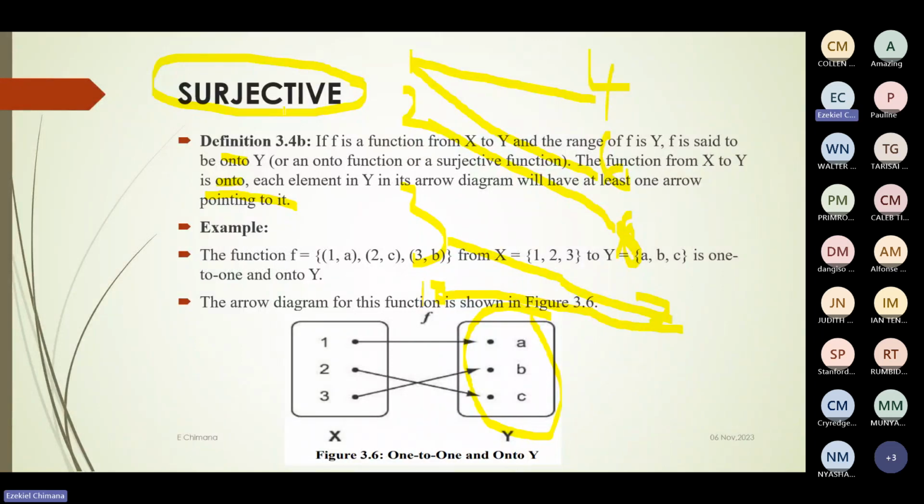We must have at least one arrow pointing to those elements on the range side, or in the Y. If you look at this one, here there's an arrow, which means it's at least 1. Here there's an arrow, here an arrow, and here an arrow and another arrow, which means it's still at least 1. What we just want is for it not to violate the rules for it to be a function. Once it does not violate that, this one is a surjective function.